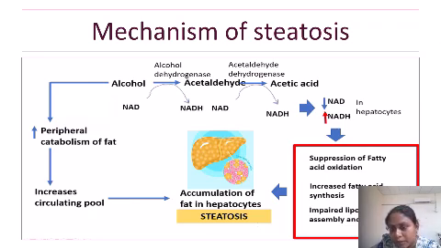So there will be less of NAD and increased NADH levels in the hepatocytes. This will result in decreased fatty acid oxidation, increased fatty acid synthesis, and impaired lipoprotein assembly and excretion. So these events will result in accumulation of fat in hepatocytes.